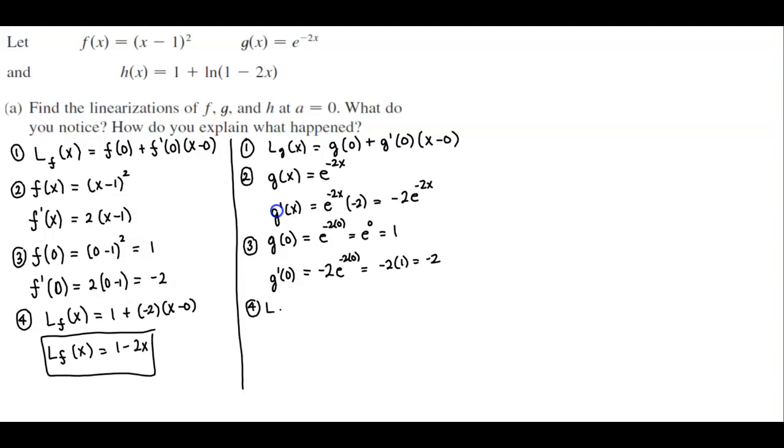And so therefore L_g of x is going to equal g of 0, which is 1, plus g prime of 0, which is negative 2, times (x minus 0). So L_g of x is going to equal 1 minus 2x.